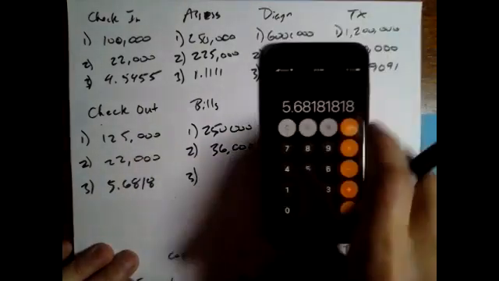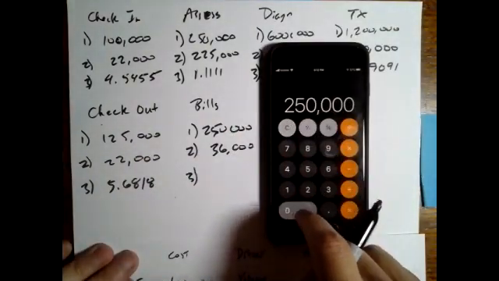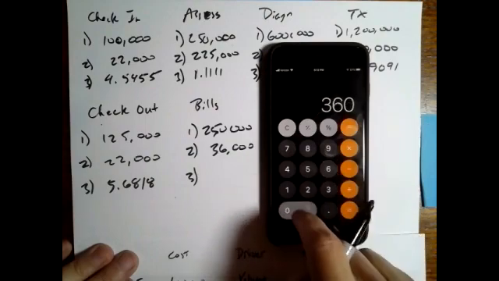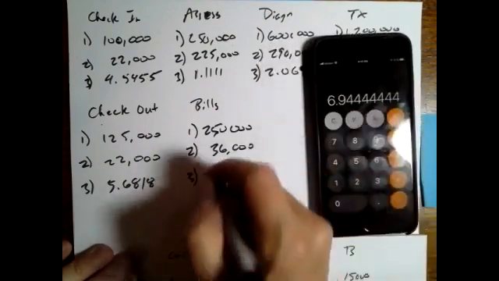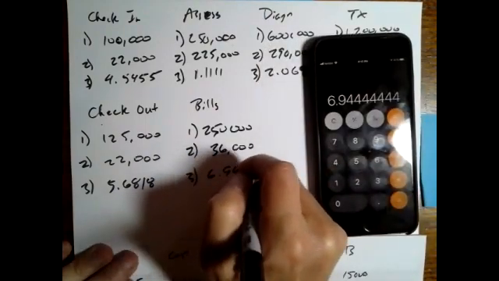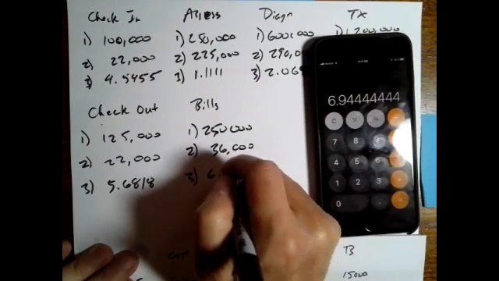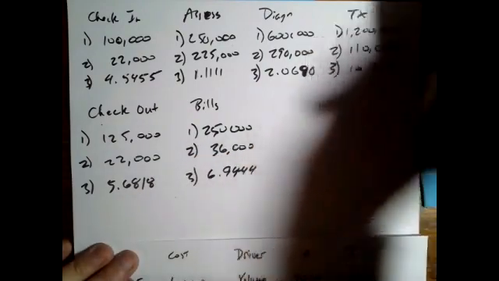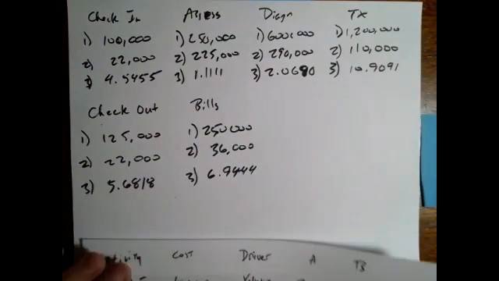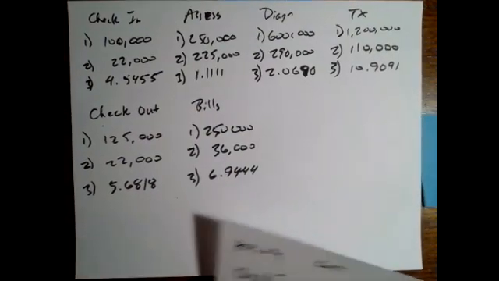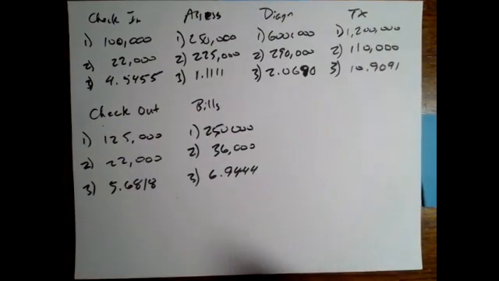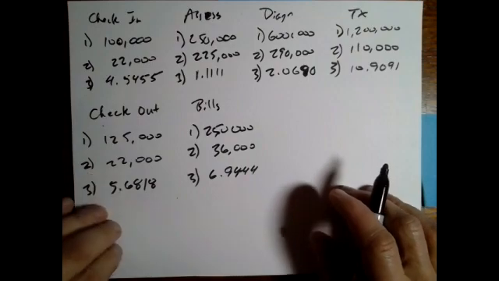Cost per bill, 250 divided by 36 is 6.9444. All right, so that is all of our allocation rates. So that's part A.